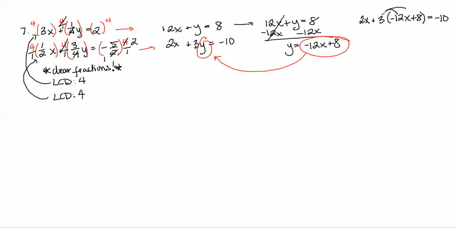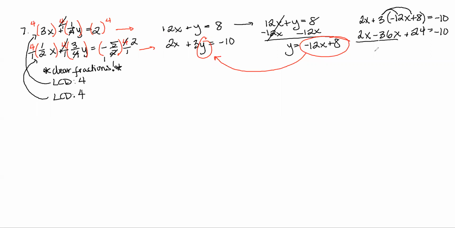Let's distribute. So we have 2x minus 36x plus 24 equals -10.